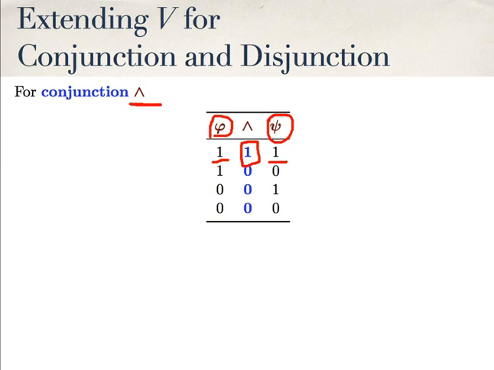However, if we have assigned 1 to phi and 0 to psi, then the truth value of the conjunction will be 0. Similarly, if we have assigned 0 to phi and 1 to psi, the truth value of the conjunction will again be 0. And if we have assigned 0 to both, then the truth value of the conjunction will be 0. So this suggests that a conjunction, a statement of the form phi and psi, is true only if both the components, both the conjuncts, phi and psi, have truth value 1.